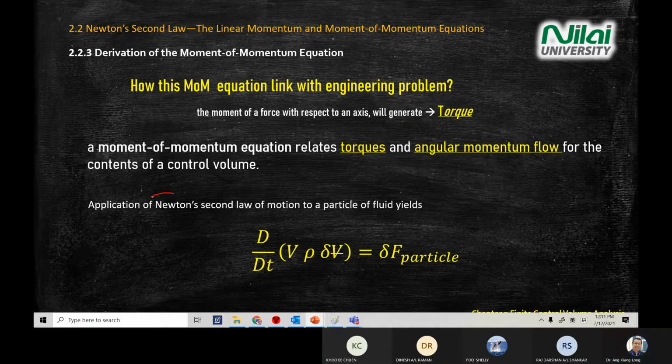Recall Newton's second law of motion: F equals ma, which gives you mv divided by t, because acceleration is velocity divided by time. So when you take mv divided by time, you get force.